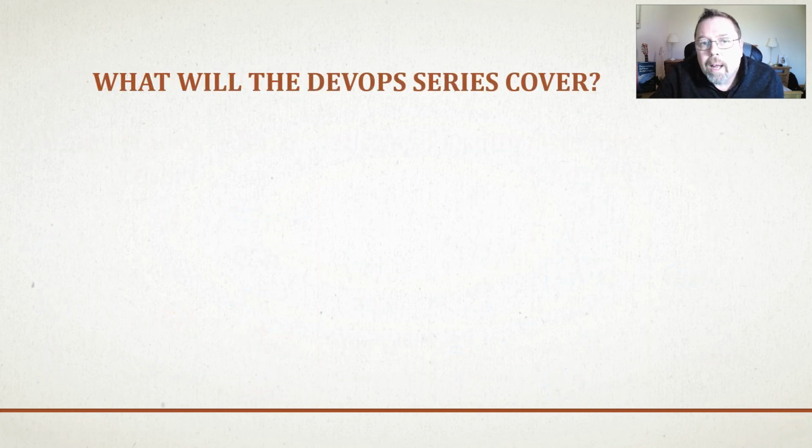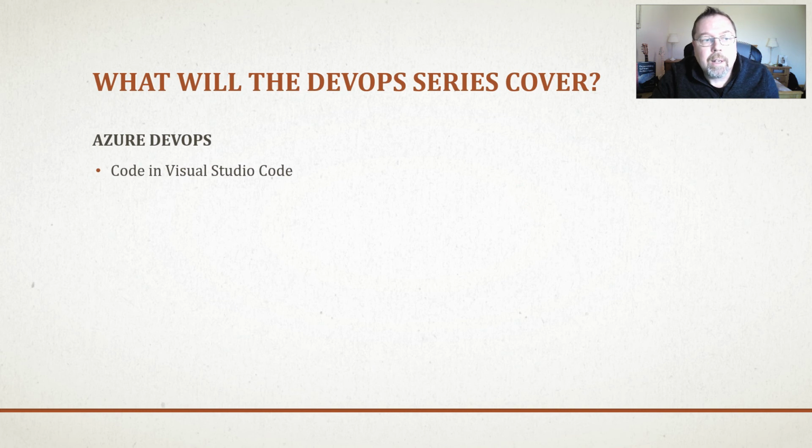Okay, so what will I cover in the DevOps series? I will create several videos covering things like code in Visual Studio and how to use Azure DevOps. That will be the platform I'll start with first, using Azure DevOps to configure Git and then publish code to the Azure Repos.